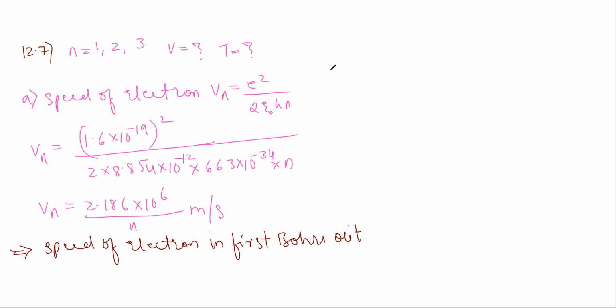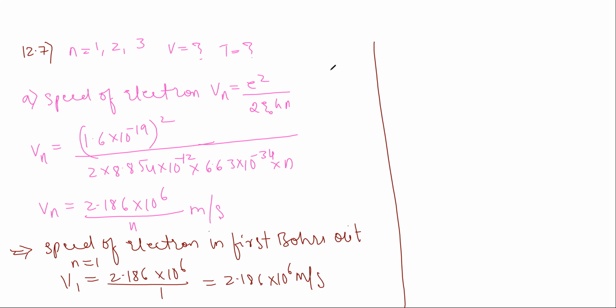For the first orbit, we take n value as 1. So V1 is equal to 2.186 into 10 to the power of 6 divided by 1. Anything divided by 1 gives the same value, 2.186 into 10 to the power of 6 meter per second.